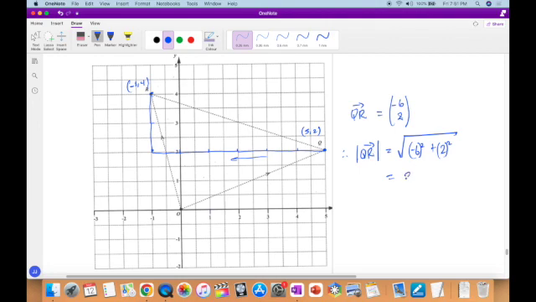So 36 plus 4 gives us the square root of 40, which works out to be approximately 6.32.